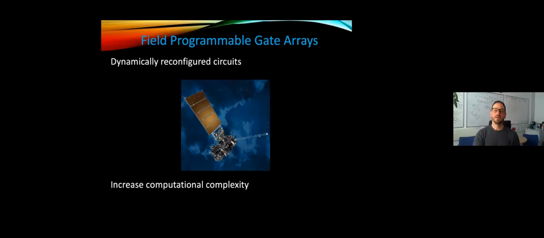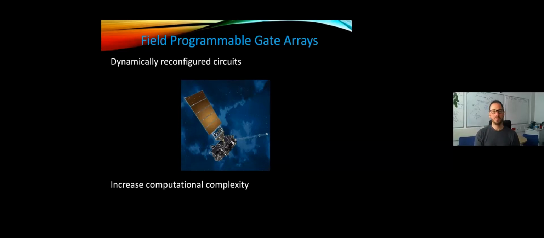But since they released it, they were able to create a new compression algorithm to make the images smaller. So they were able to send the computer program for the compression algorithm through the radio to the probe in space, and then reconfigure the hardware, the chips, to optimize the hardware to run the new software. And then they're able to send more images back to Earth, and we can see more into deep space.